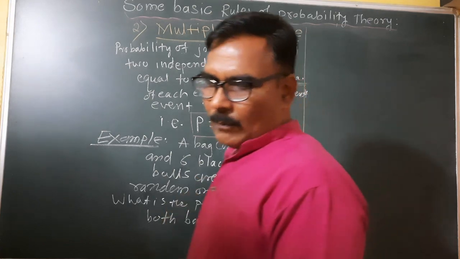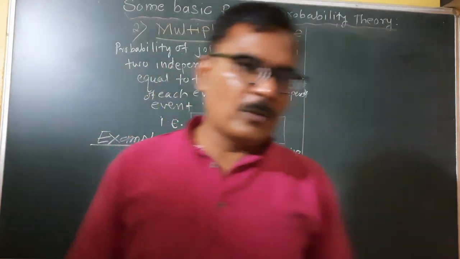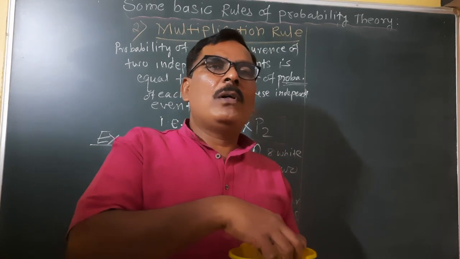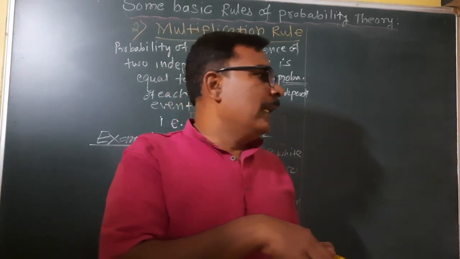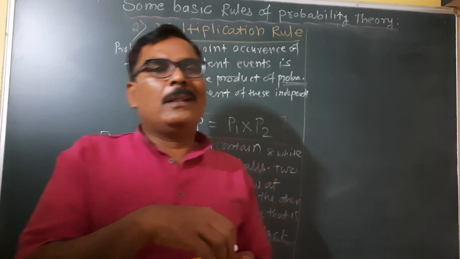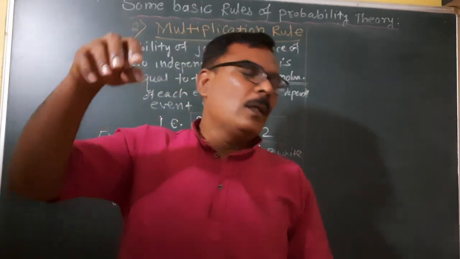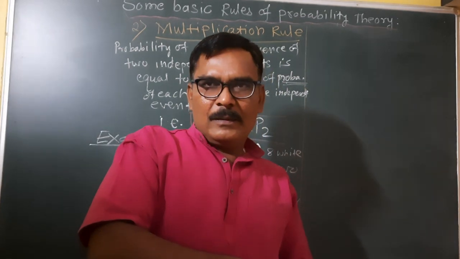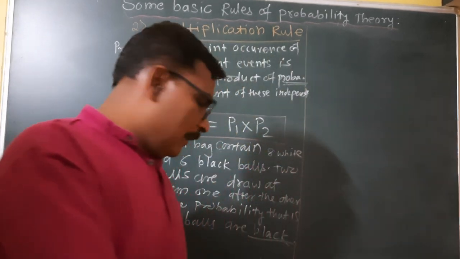The first time you take a ball from the bag, and that bag consists of 8 white balls and 6 black balls. We are drawing, white or black, here a black ball.